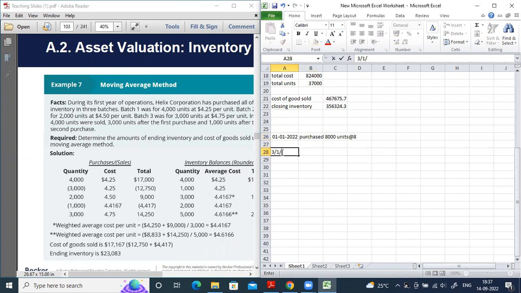Then on 3rd January 2022, purchased 7,000 units at the rate of 9. 5th January 2022, sold 6,000 units.